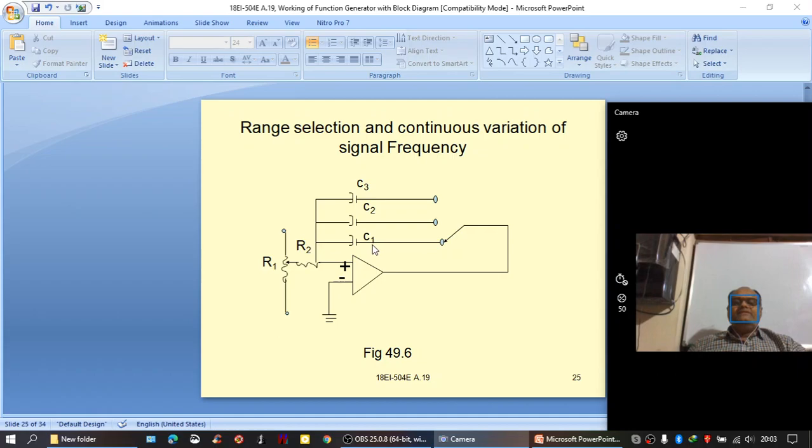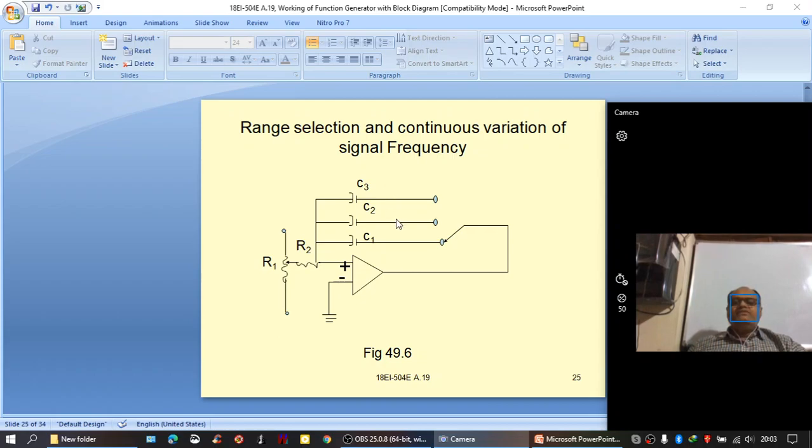Instead of using a single capacitor, multiple capacitors with different capacitance values are used, and by using this range select switch, any one of the capacitors is chosen. So depending upon the value of capacitance, the charging time and discharging time will change. That is, the frequency will change. This is for range adjustment of frequency.